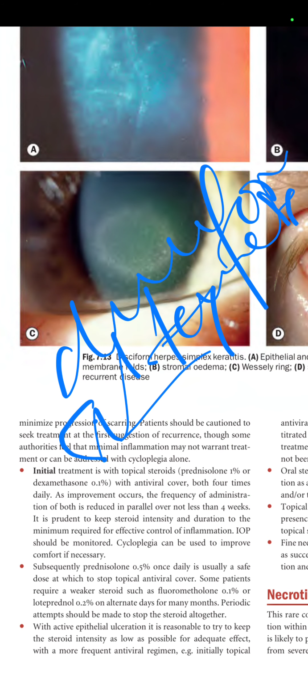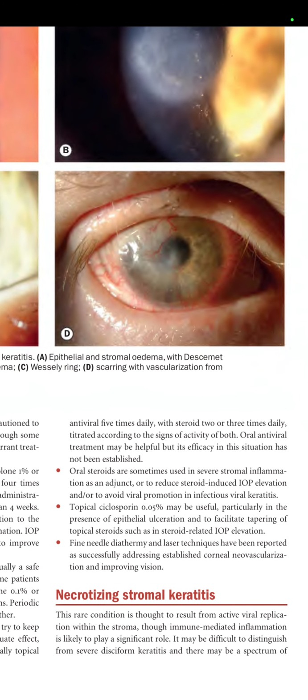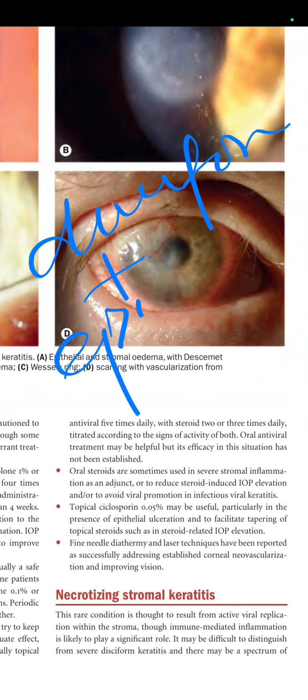For example, initially topical antiviral 5 times daily with steroid 2 to 3 times daily, titrated according to the signs of activity of both. Oral antiviral treatment may be helpful, but its efficacy in this situation has not been established. So what happens if we have a disciform keratitis with epithelial ulceration as well?